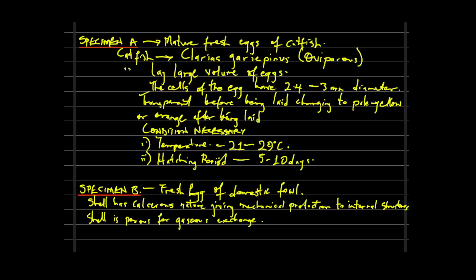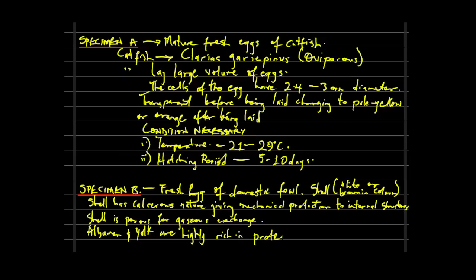We have also said that the shell could be white or brown in color. We said that earlier on. Also, that the albumin and the yolk are highly rich in protein.